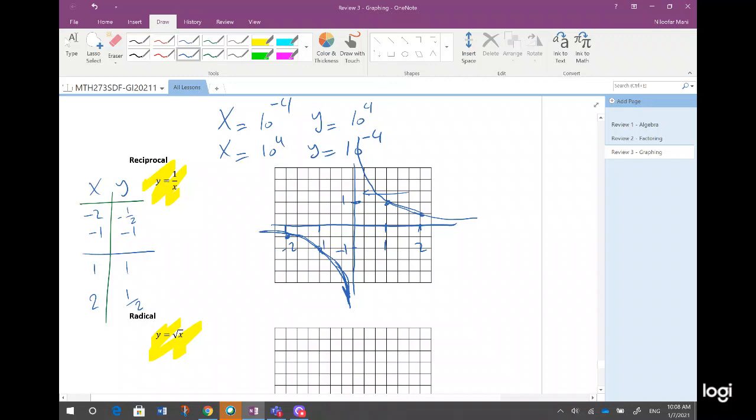And when x is approaching a very large number on the negative side, y approaches a very small number on the negative side. So that's a good graph for this function.